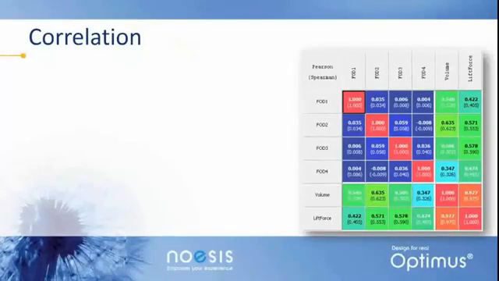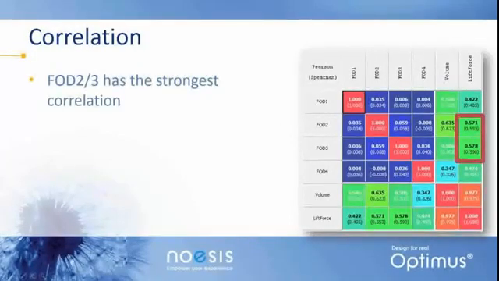From all of this response data, we're actually able to generate some correlation. Using tools inside of Optimus, we were able to find the influence that each input variable had on the output variables. In addition, we were able to find the correlation that the output variables had on each other.